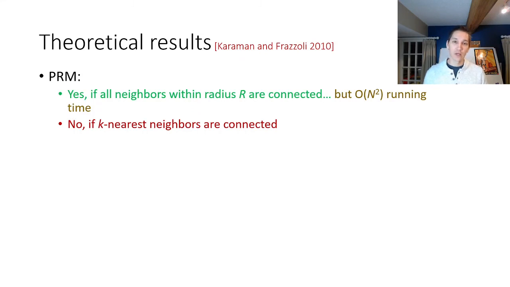The problem is there's order n milestones asymptotically as you add more points within that radius. So the overall running time of PRM is going to be order n squared. Now, if we do something that has a better running time, such as using k-nearest neighbors to connect to our neighbors in the PRM, we'll have a better running time, but we won't have this convergence property, which is also known as asymptotic optimality.